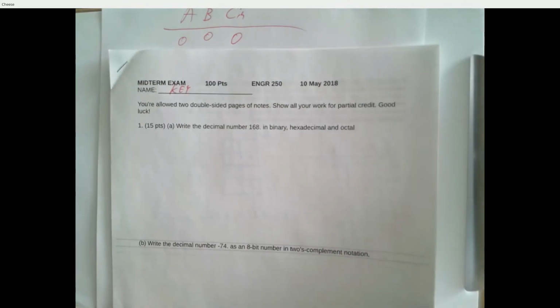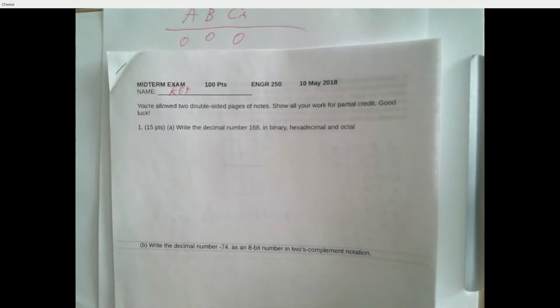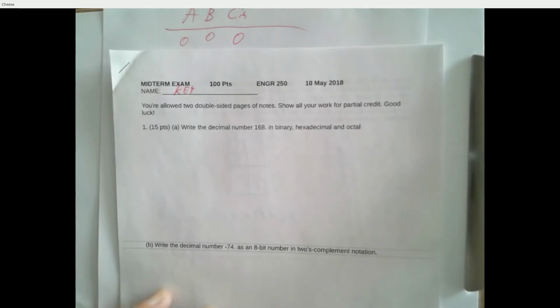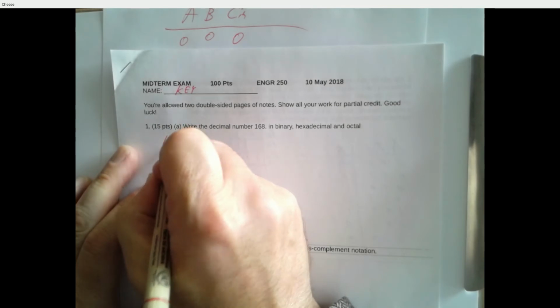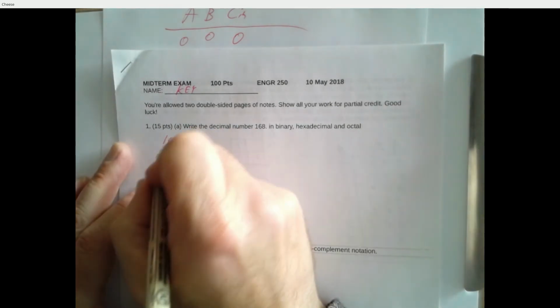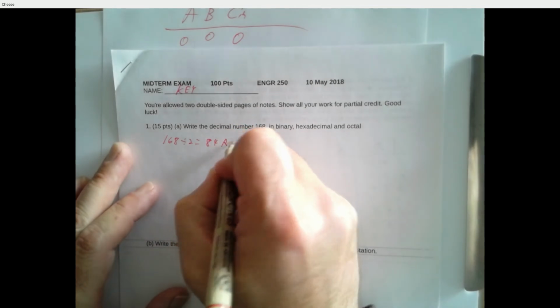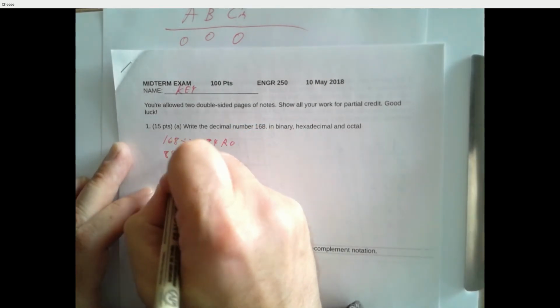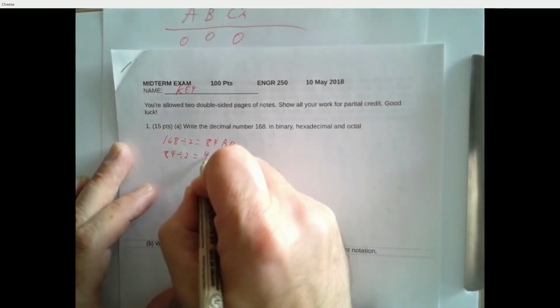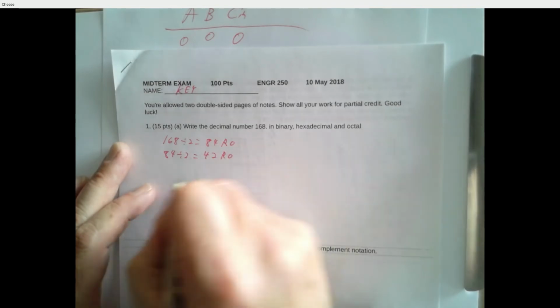Yes? For octal, is it 250? Oh, I don't know. Let's find out. So 168 divided by 2 equals 84 with a remainder of 0. 84 divided by 2 is 42 with a remainder of 0.